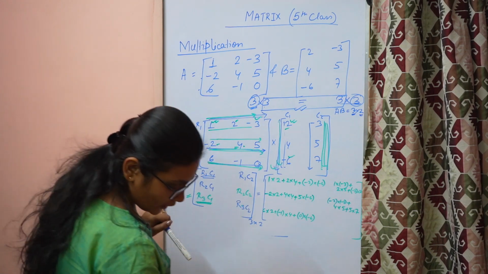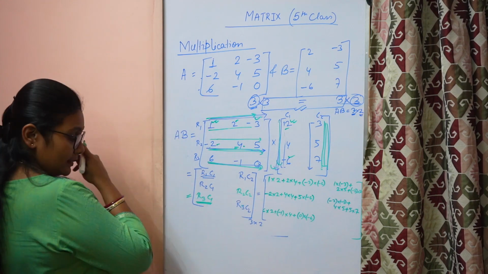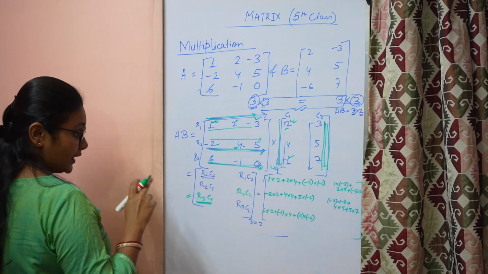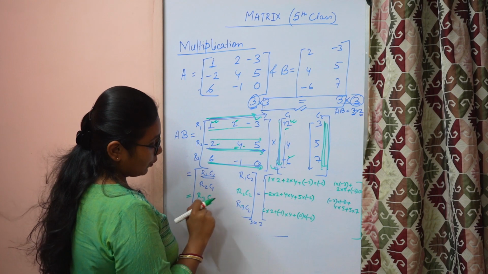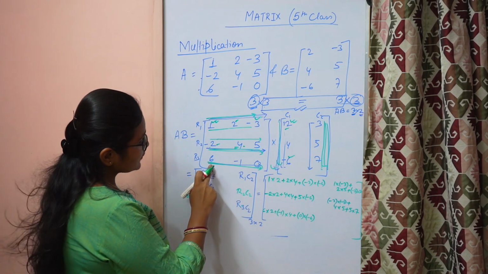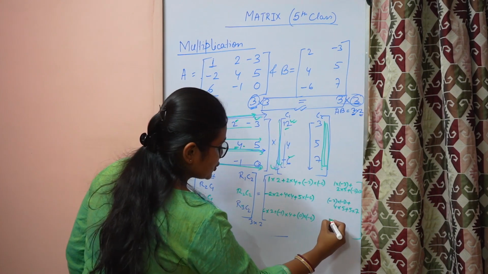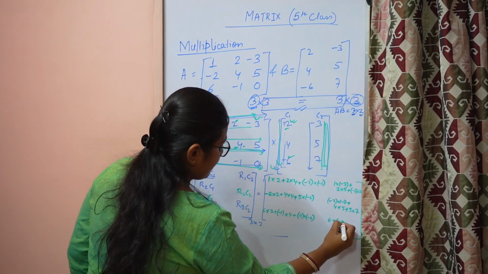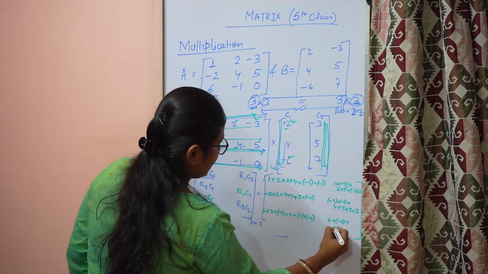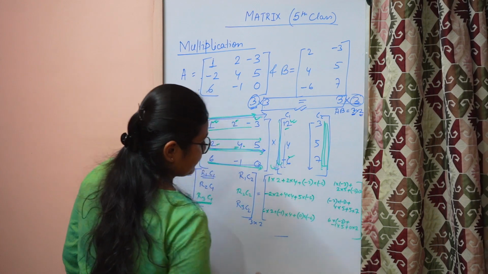Then the second element of the third row is R3 and C2: 6 into minus 3 plus minus 1 into 5 plus 0 into 7.